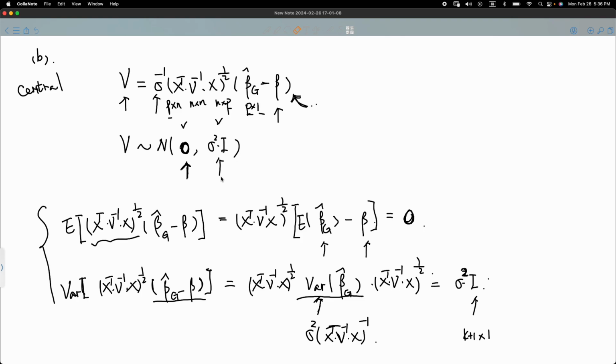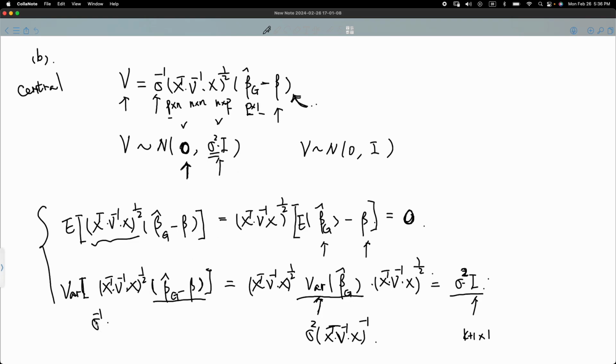Let me think about it. I see. So if you evaluate this form without the sigma inverse, then you will end up with a sigma square identity. But what we want is a V that follows a normal with a mean and the identity only.